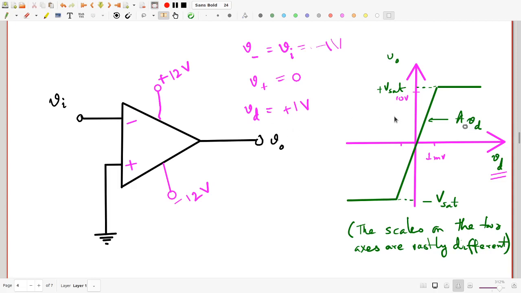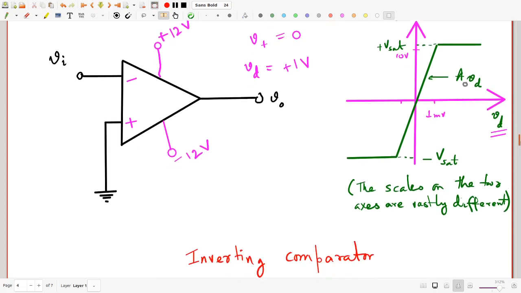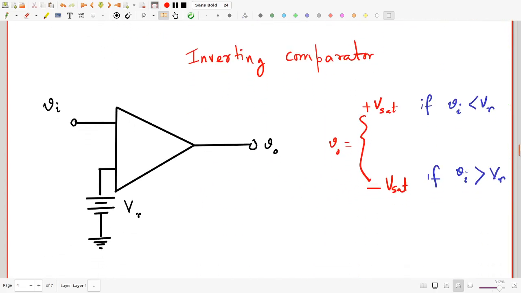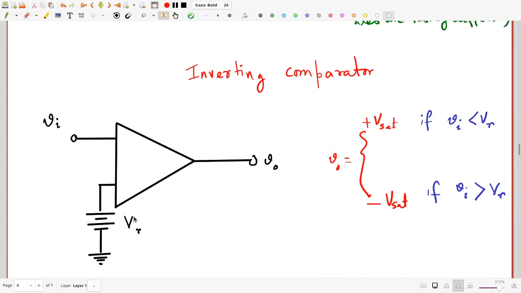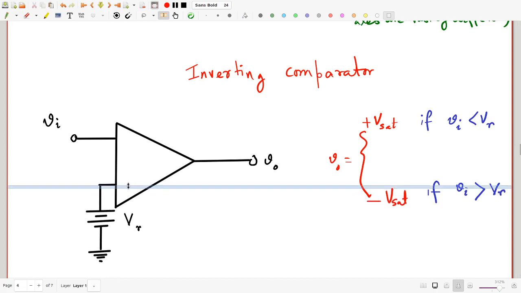So this is why it's called an inverting comparator. And of course, this is comparing with 0 volts only because we have grounded the non-inverting input. If we had actually connected a battery, let's say VR, between the ground and the non-inverting input, let me just stress once again that this is the non-inverting input.